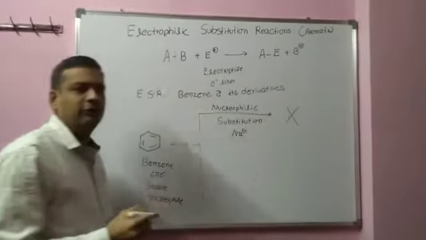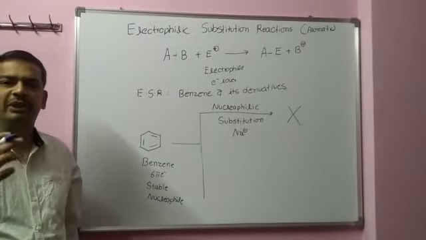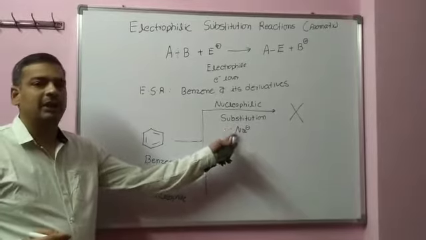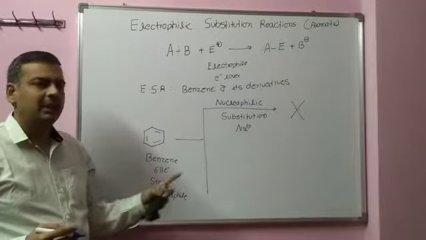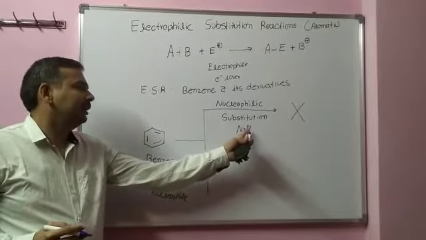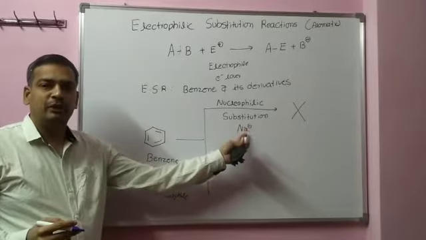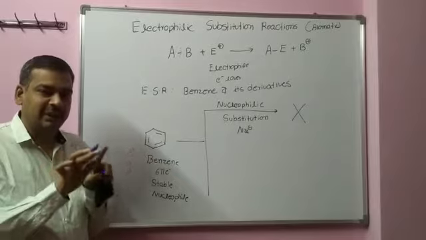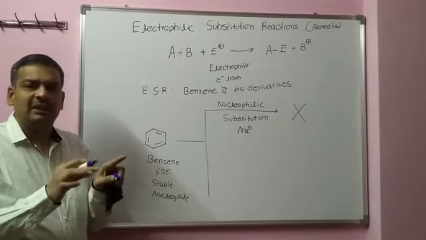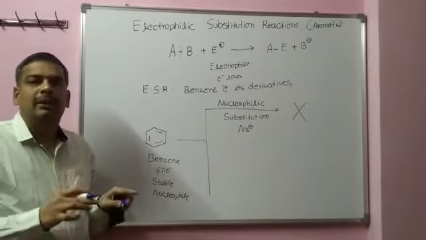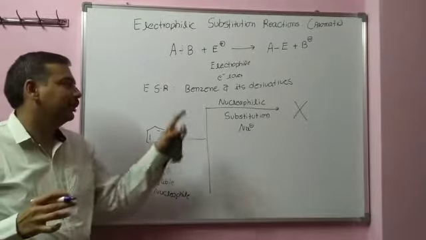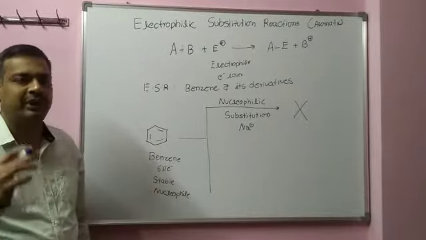Why? When the nucleophile tries to attack benzene, there is a repulsion between the negative charge on the nucleophile and the pi electron system. Due to this repulsion, the nucleophile is not able to attack the benzene. As a result, benzene cannot undergo nucleophilic substitution reaction.